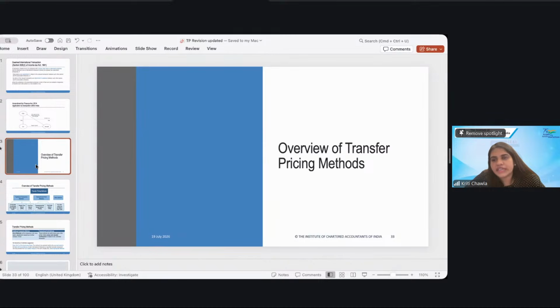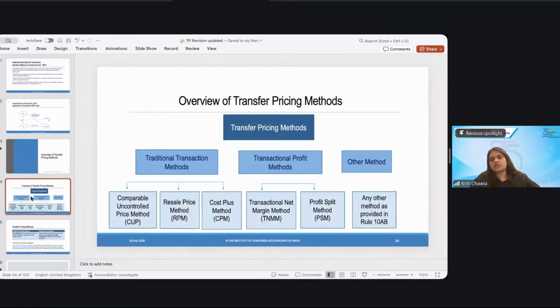Now we'll go on to the next topic, which is called overview of transfer pricing methods. This is the chapter where we'll be discussing the 6 methods that are provided under the transfer pricing law for transfer pricing purposes. The methods are divided into two: the traditional transaction methods, and the transactional profit methods.